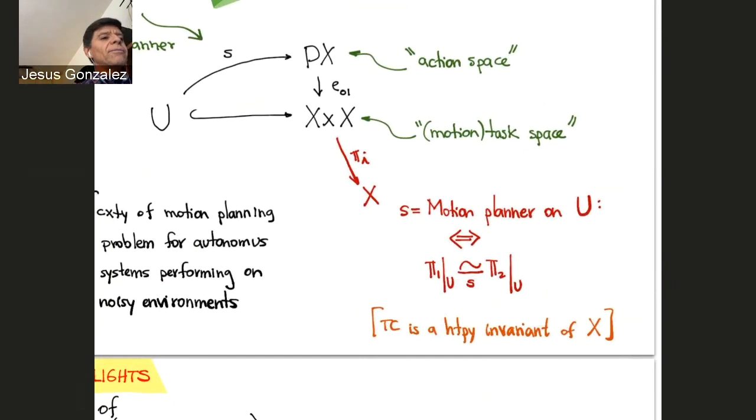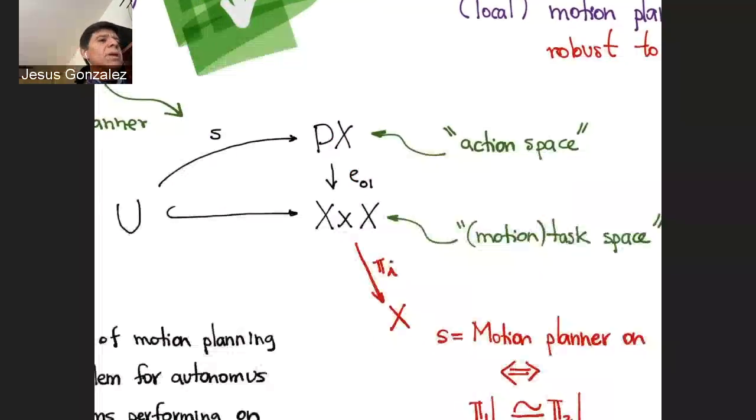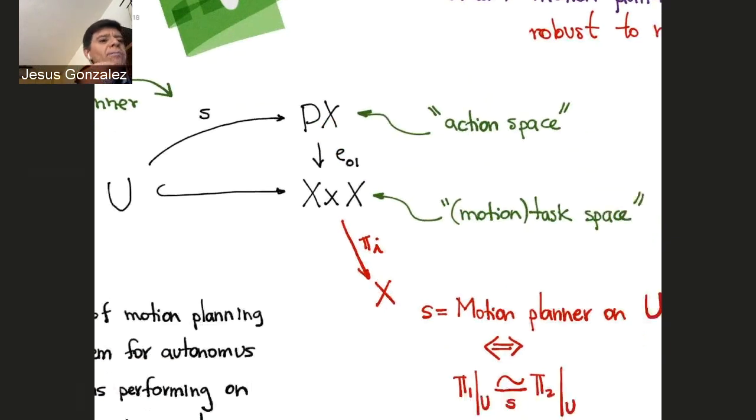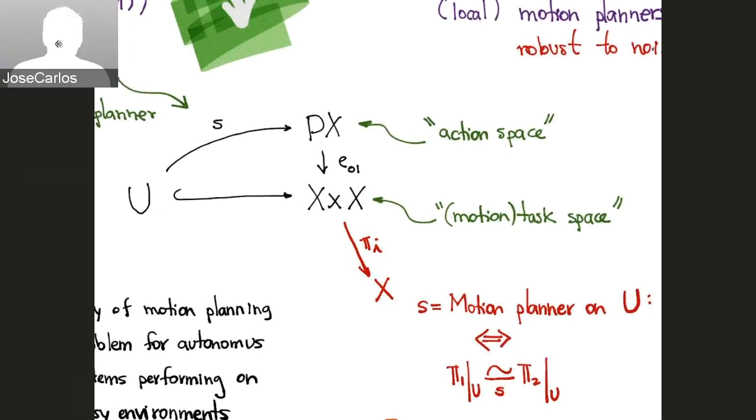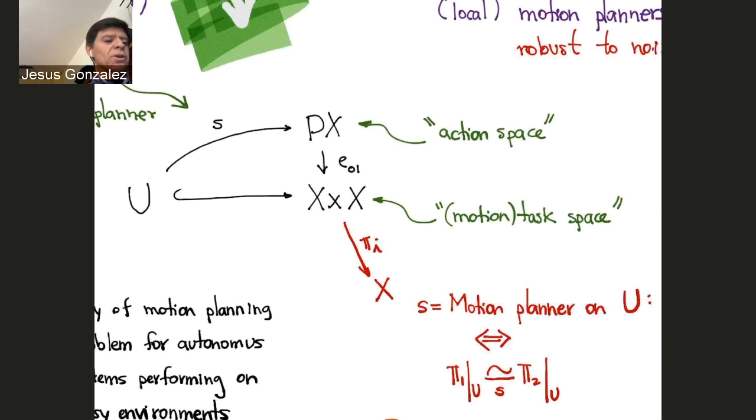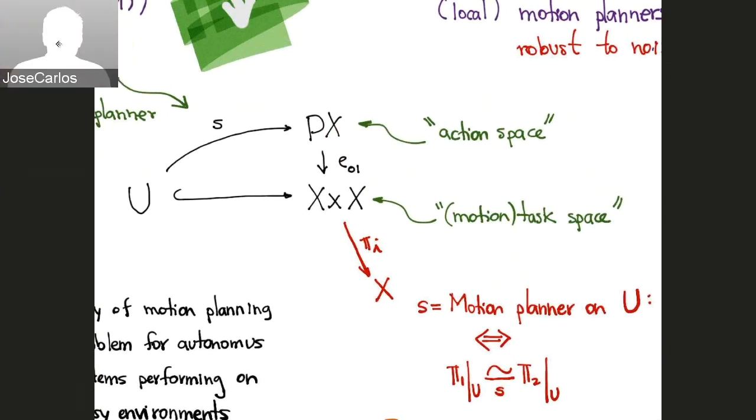Now let me observe that a local section S from U to PX is nothing but a homotopy. Namely, you can take the two projections from the Cartesian product X times X into X, and restrict them to U. So you have there two maps.